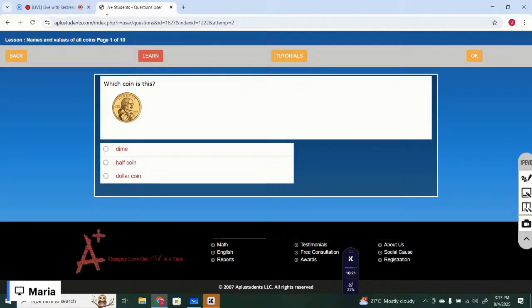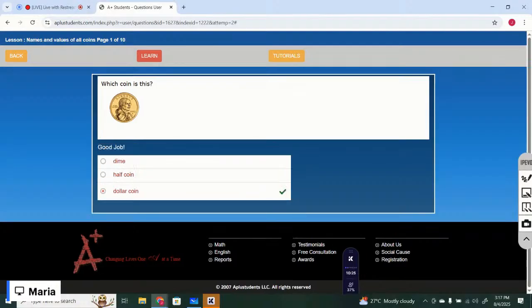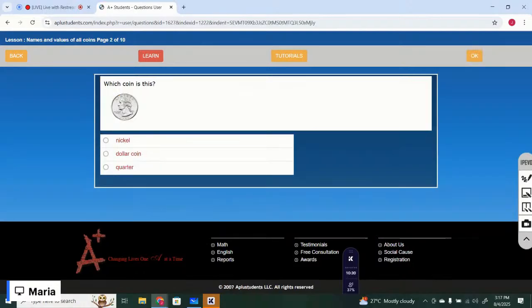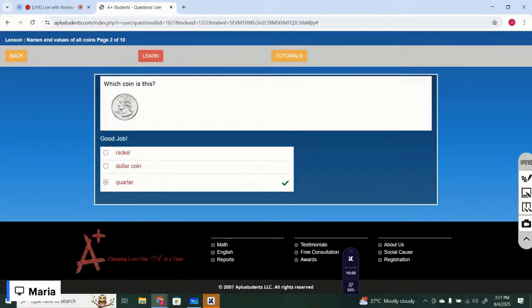Option number 3 is the correct option. Which coin is this? Nickel, dollar, quarter, which is the correct option? That is not the dollar coin, right? Quarter it is. The correct option is quarter. Option number 3 is the correct option.